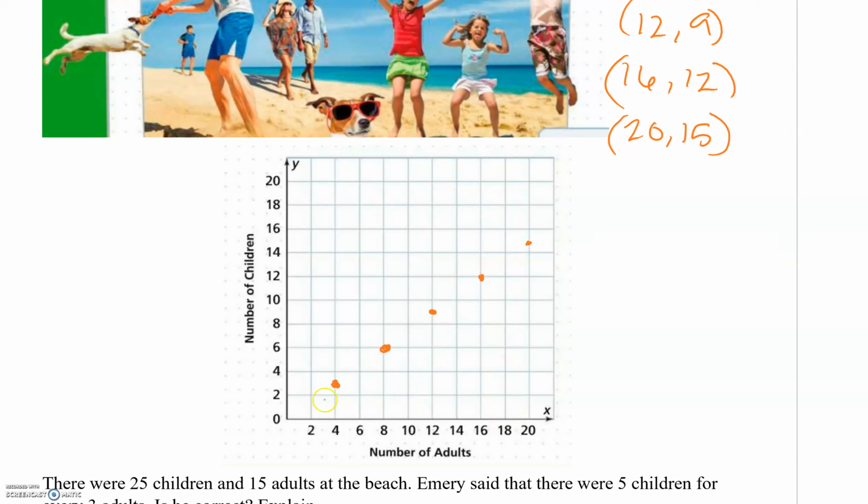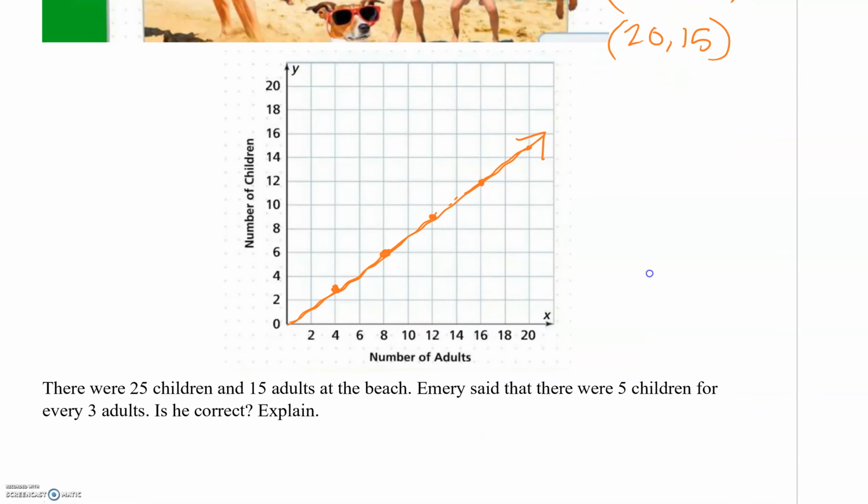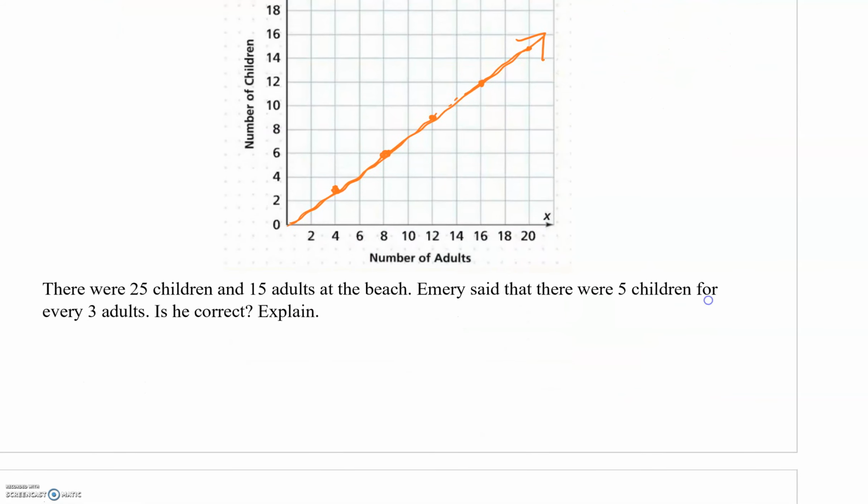And when we graph these relationships, we should see that they form a straight line for the most part. We have a straight line as our relationships go, showing that these are very linear relationships. Now the last question here says if there were 25 children and 15 adults at the beach, Emery says that there are 5 children for every 3 adults.